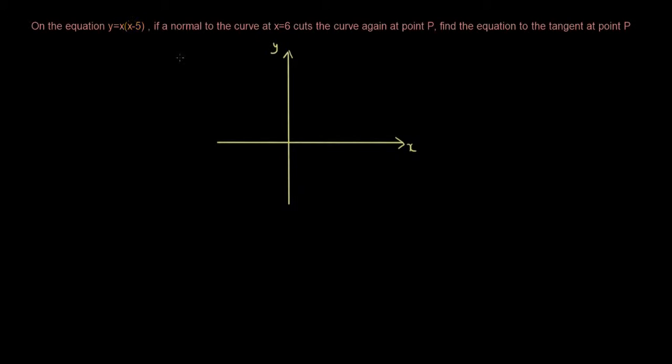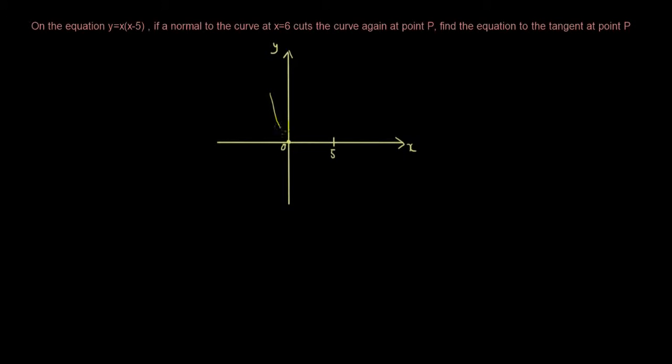Well, if you understand a bit of quadratic equations, you should know that it should intercept the x-axis at 0 and 5, because the numbers inside the brackets represent the x-intercepts. And since there's nothing next to this x, it must intercept at 0.